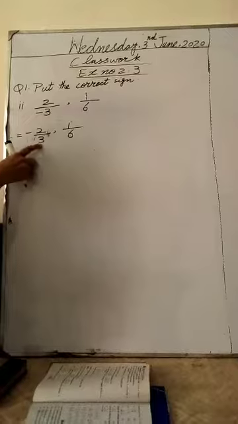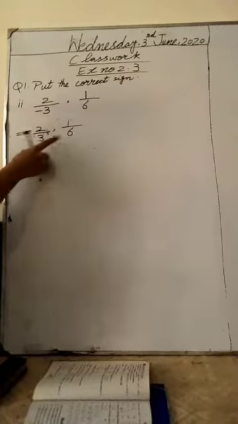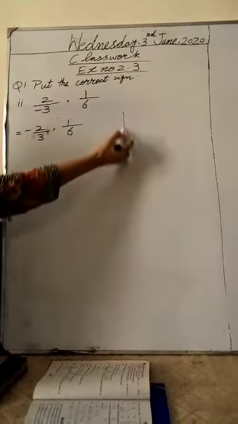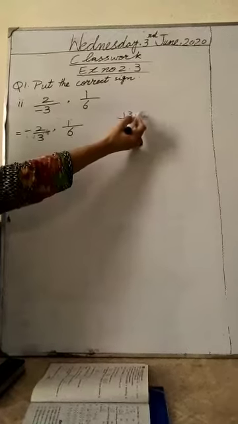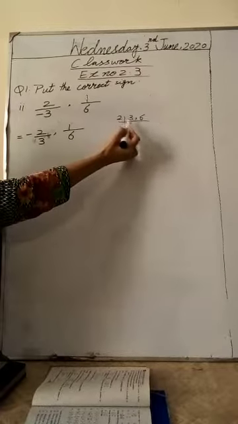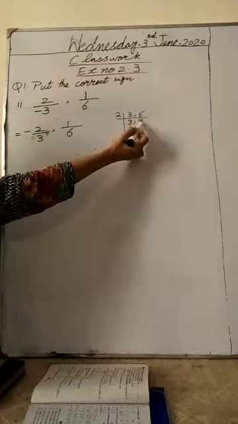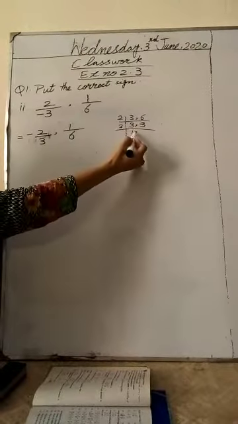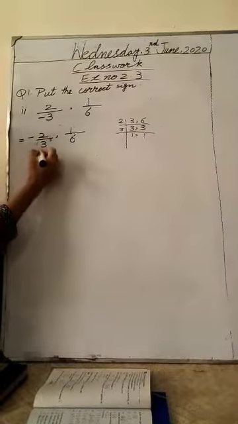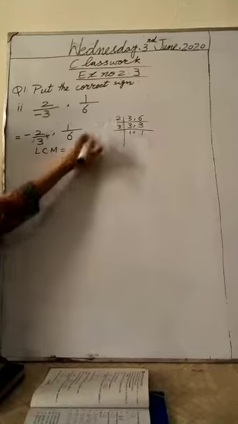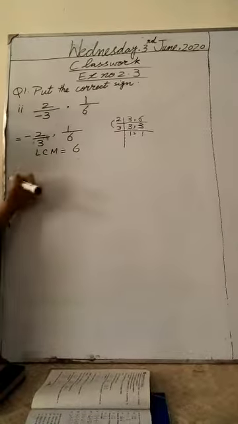Now see, if your LCM are not same, find the common LCM. Started with 2, 3 is not possible. 2 3s are 6. 3 ones are 3 and 1 one is 1. Now the LCM is 2 times 3, 6.